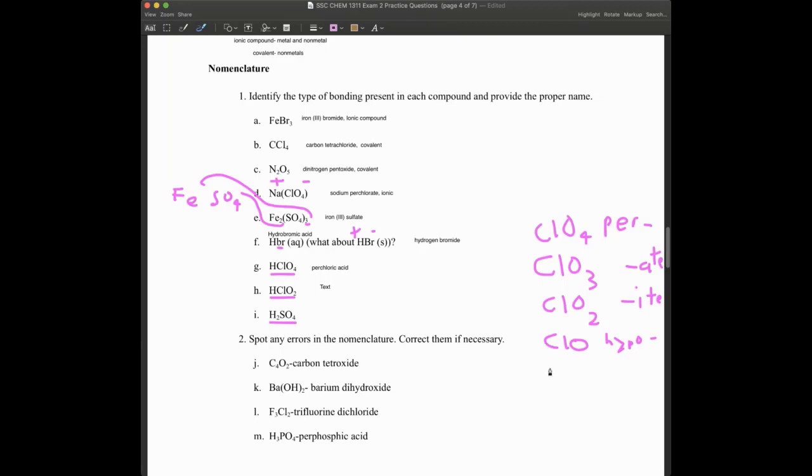Perfect. Excellent. Hypo. Okay. So for this one, we can say that this is going to be chlorous acid. Chlorous acid.